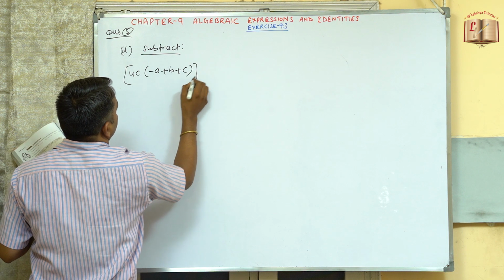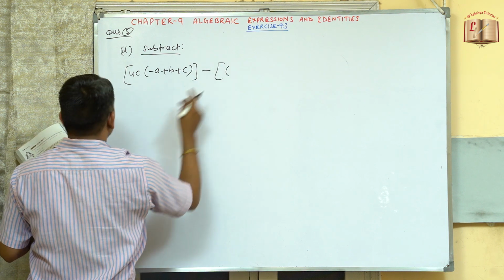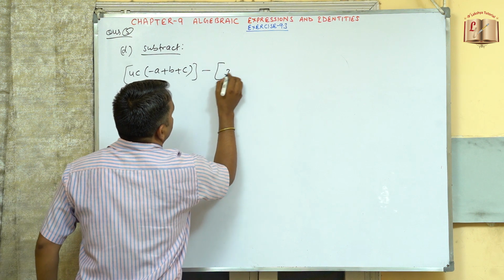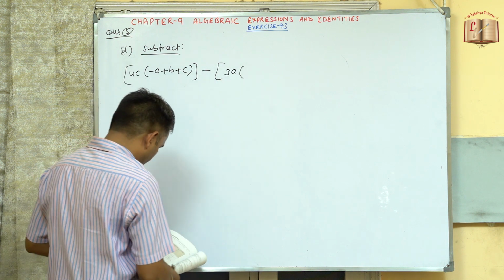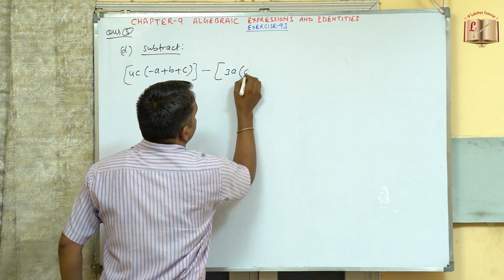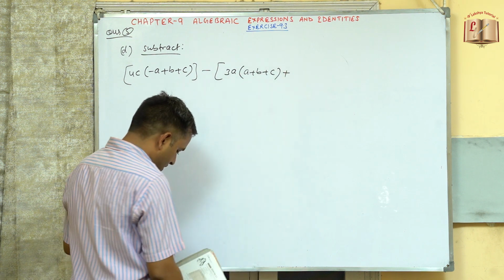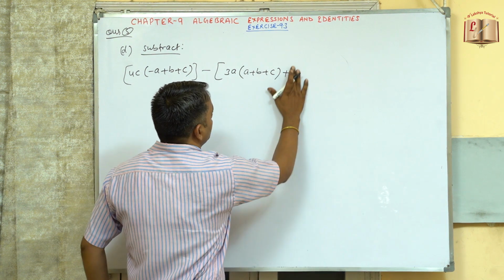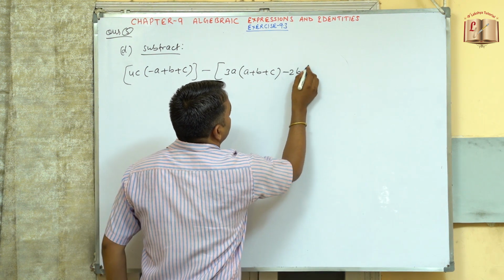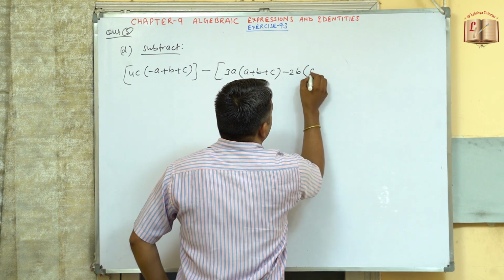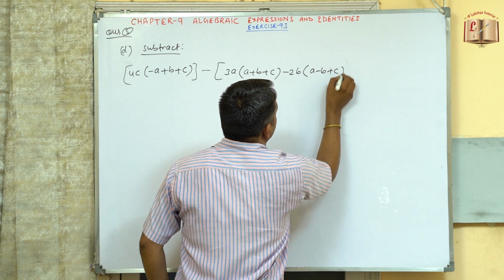So we will take this in the square bracket, minus the next is 3a times a plus b plus c, bracket close, and the next one is minus 2b times a minus b plus c.